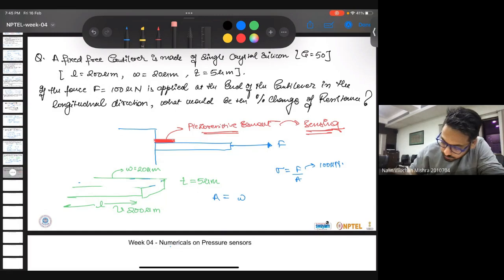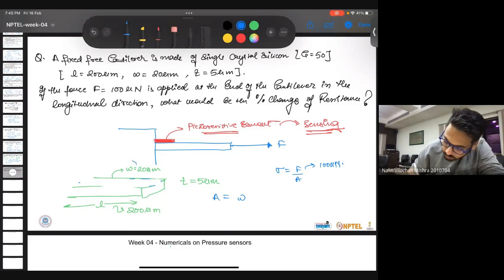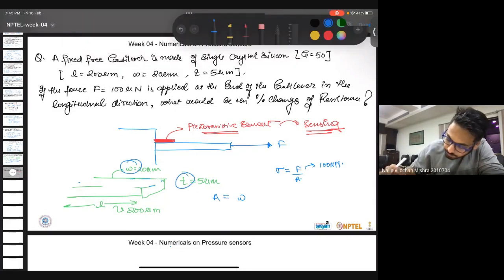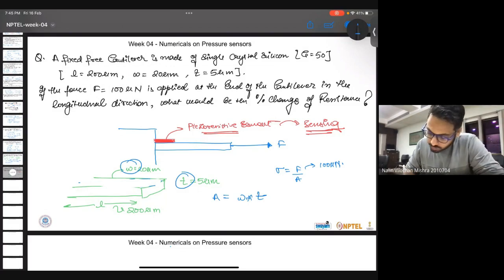So this area, omega times T. Yeah, so it will be omega times T, because we are applying force in this direction.